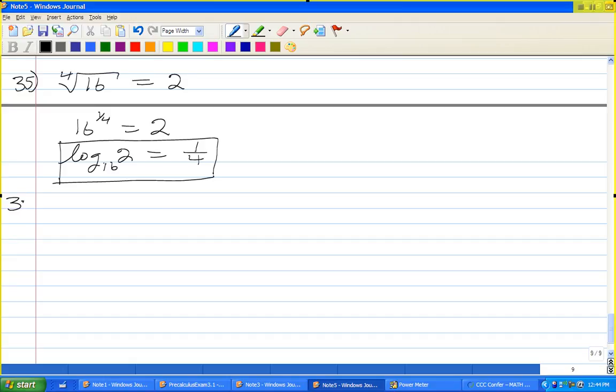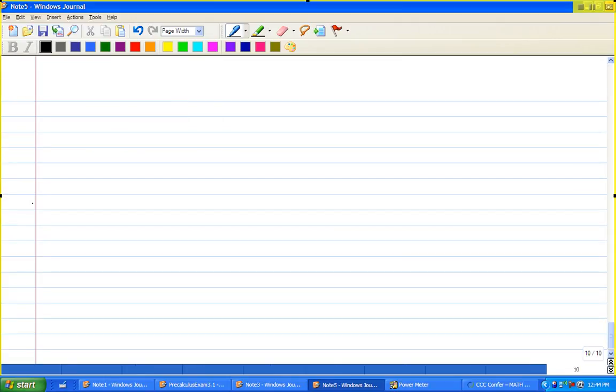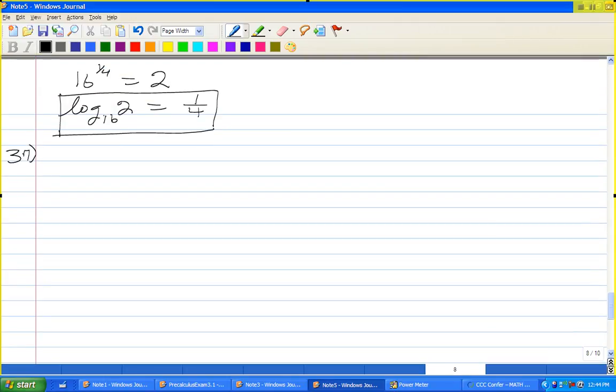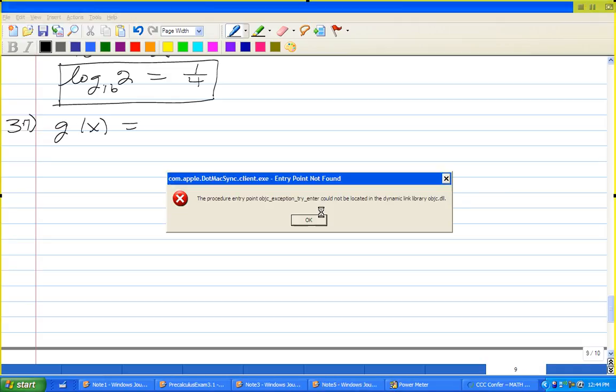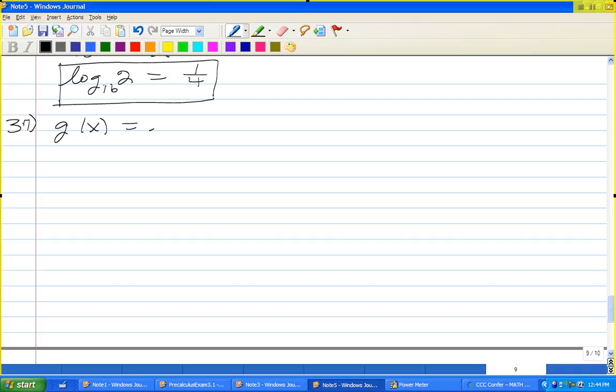37. g of x equals log base 4 of x. Okay, well, in exercises 36 to 50, sketch the graph of the function.